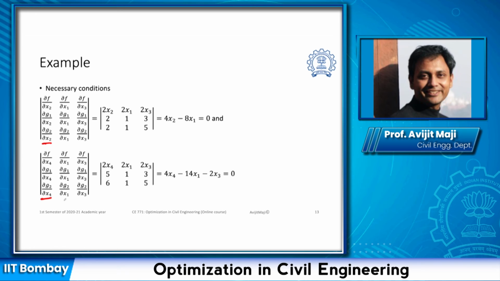So we have two matrices, the first and the second matrix. If we try to solve these two matrices, we are going to get this equation, which we need to make equal to 0, and for this one we also want to make it equal to 0. So we have two equations, and from these two equations we want to find out our optimum point.